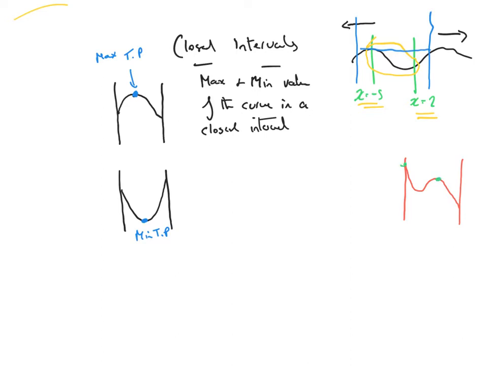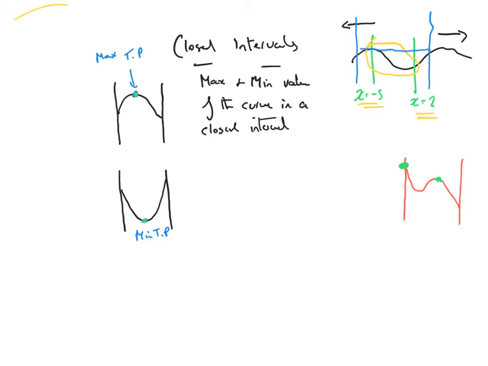This time it occurs at the end point. You can see that the end point is actually higher than the maximum turn point. So with this one, the highest point of the curve is the maximum turn point. For that one, the lowest point of the curve is the minimum turn point. But with this example, the maximum value of that curve isn't at the maximum turn point, it's actually at the end point of the curve.